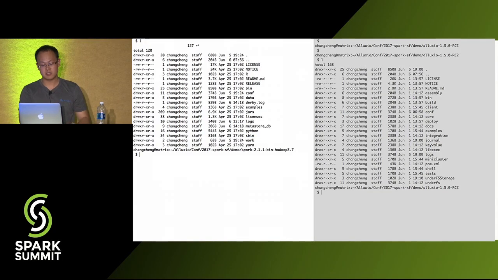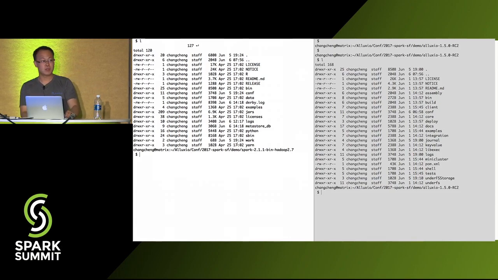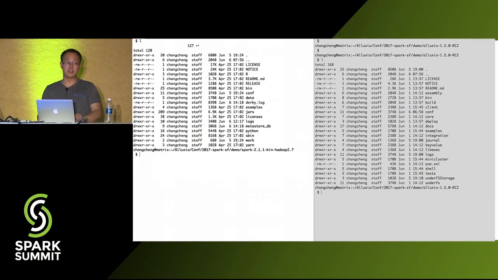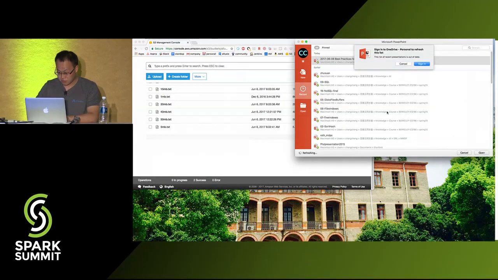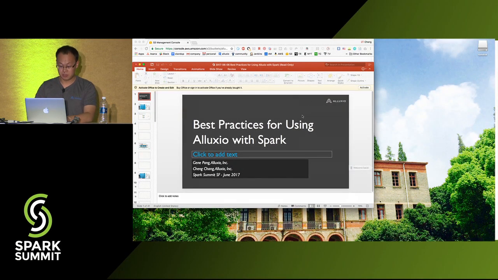In this demo, I will illustrate how Alluxio can accelerate remote file access in Spark. We will do this by starting a Spark job for counting the lines of a file stored in Amazon S3. In the PowerPoint, we have a slide to demonstrate the environment I've set up.